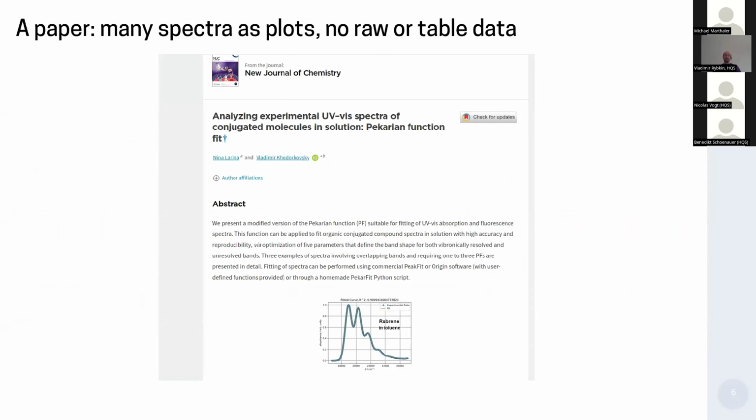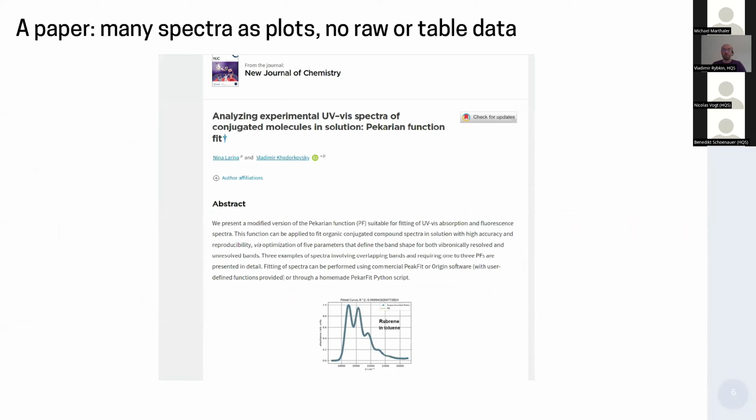Now let's apply this knowledge. I have a paper with a nice theoretical approach, which I widely explore in this talk. And this is tested by experimentally recorded spectra. Although the paper is new, there is no data accompanying it. So there are some data, but there is no table of the UV spectrum.